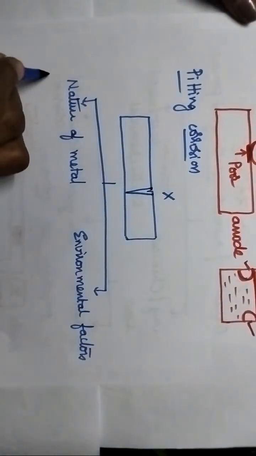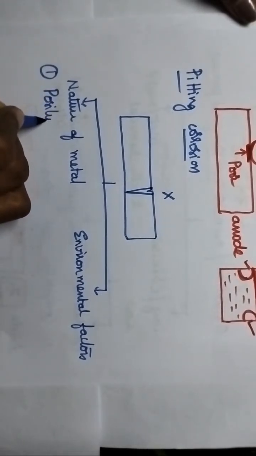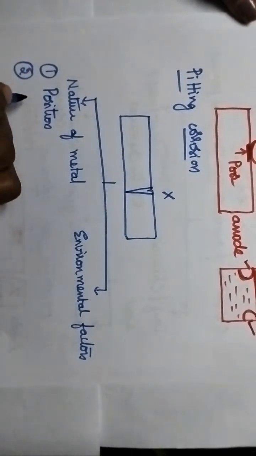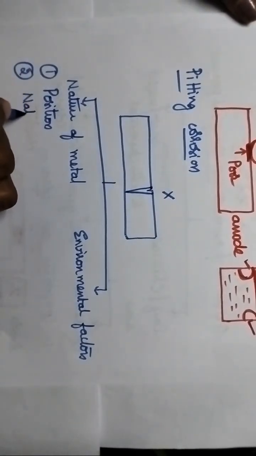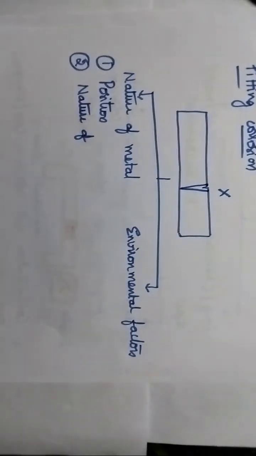Coming to the nature of the metal, it depends upon the position of the metal in the galvanic series. It also depends upon the nature of the metal oxide film.